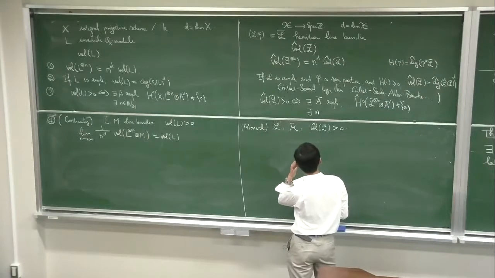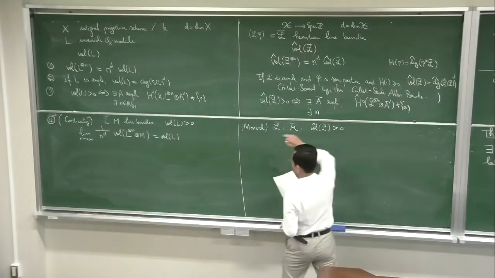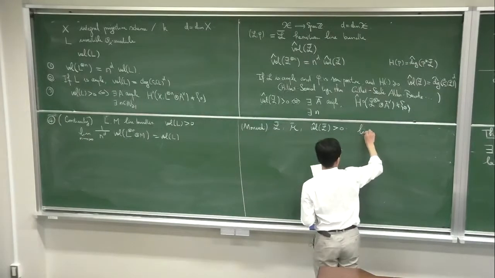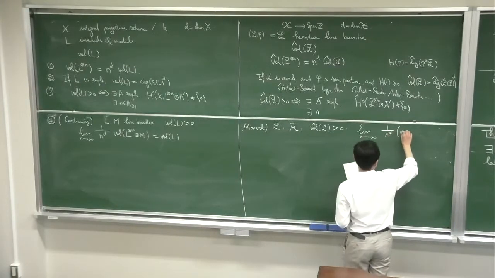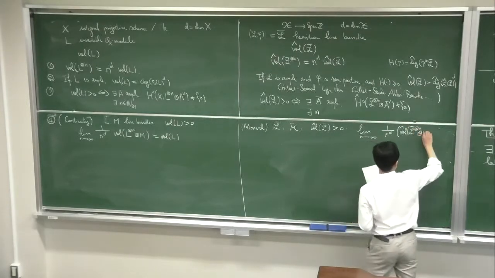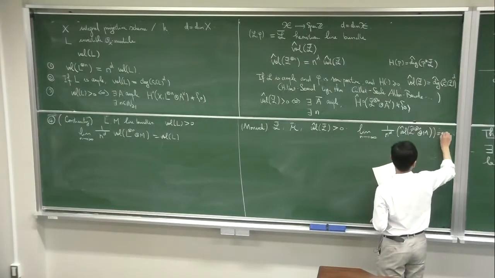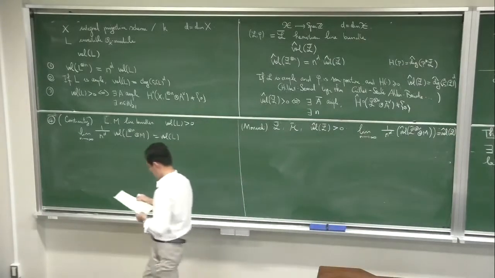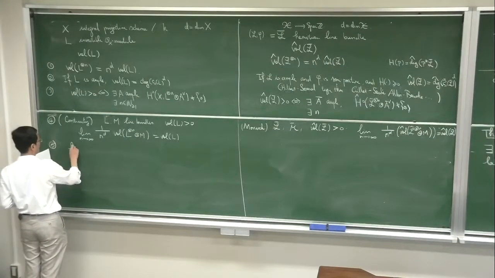Okay. So you have exactly the same thing. So the limit as n goes to infinity of 1 over n to the power d, volume hat of L to the power n tensor M, is the volume of L. So also in the definition you have some limsup.